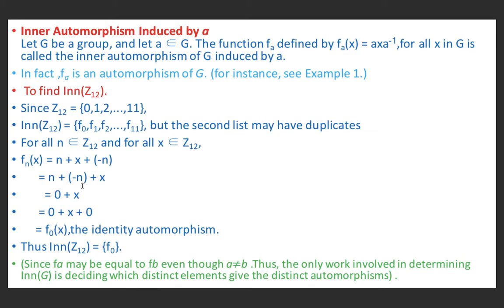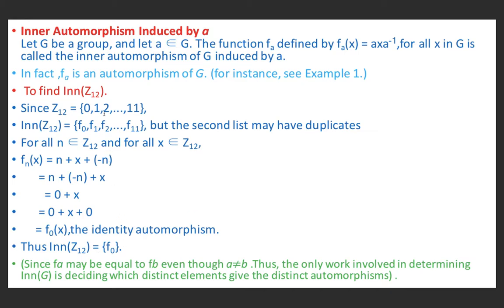n plus minus n is equal to 0, and this is equal to 0 plus x, and we can write it as 0 plus x plus 0, because the additive inverse of 0 is also 0. This is nothing but f of 0 of x, which is the identity automorphism. Therefore the inner automorphism of G, that is Z12, is equal to F0.